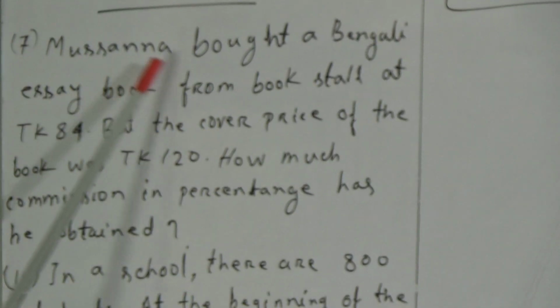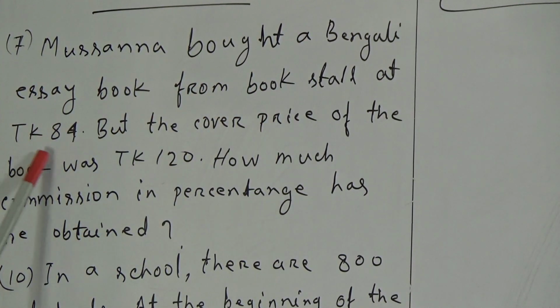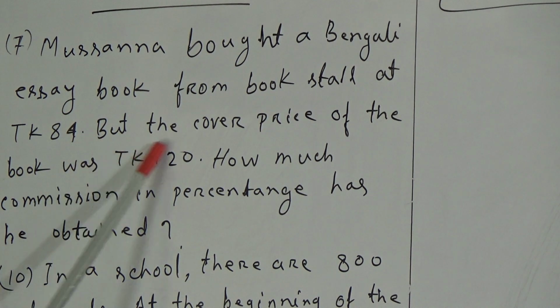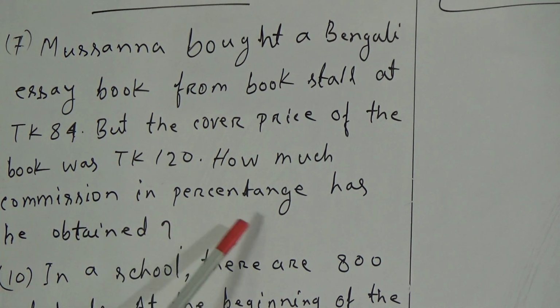Here, the question is, Musanna bought a Bengali easy book from a book stall at TK 84, but the cover price of the book was TK 180. How much commission in percentage has he obtained?